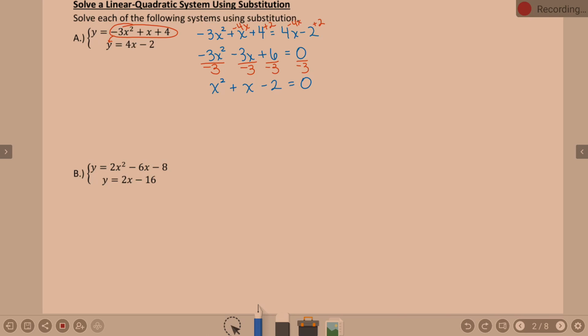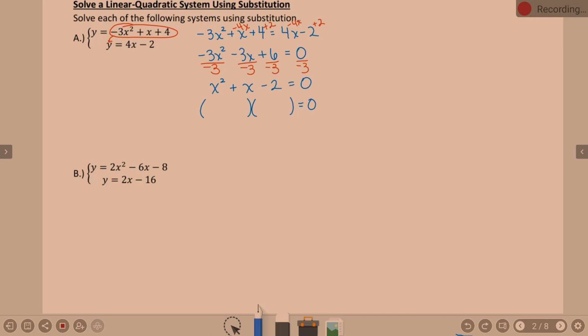Again, you could still go quadratic formula route, but to me, I see an easier route. x squared plus x minus 2. What are we guessing that's going to look like when we factor it? We're hoping it goes into 2 parentheses, yes? We don't know if it will, but we're hoping it will.